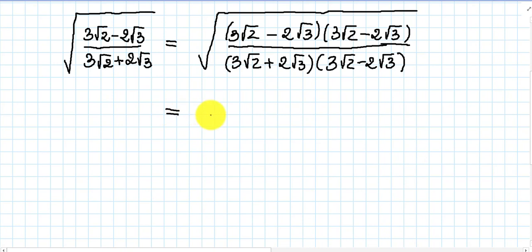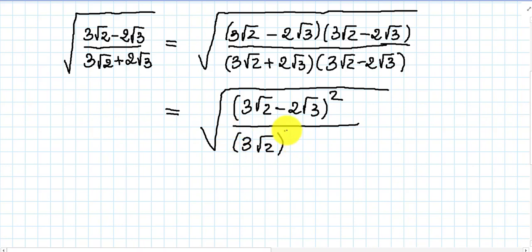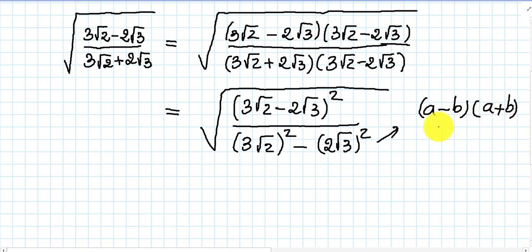And we get 3 square root 2 minus 2 square root 3, all squared, over 3 square root 2 all squared minus 2 square root 3 all squared. In the denominator we use the rule a minus b times a plus b equals a squared minus b squared.